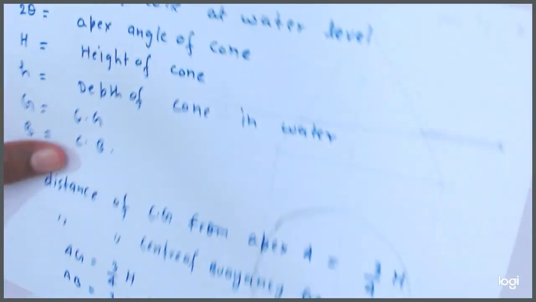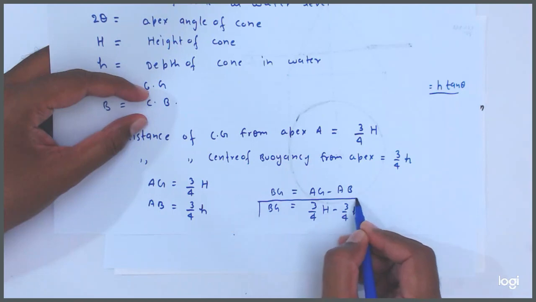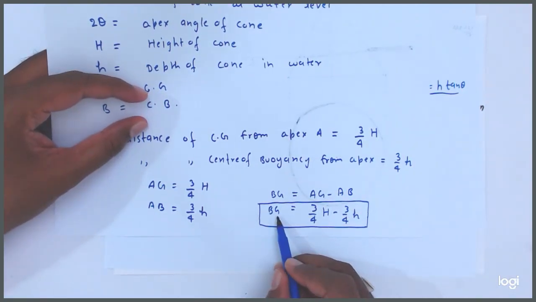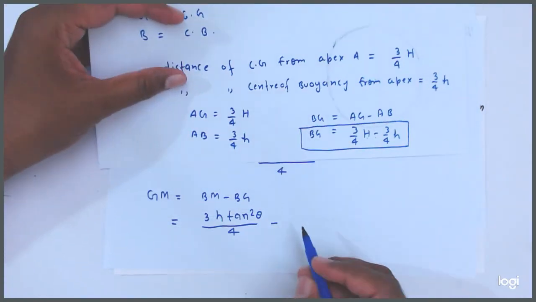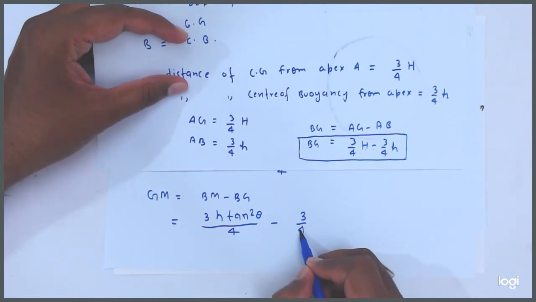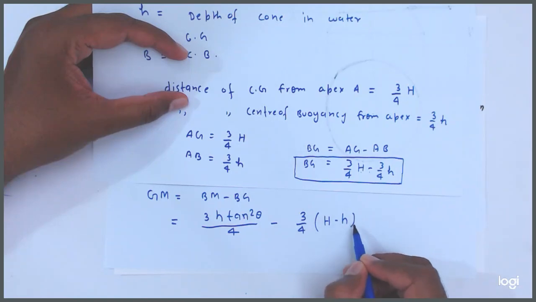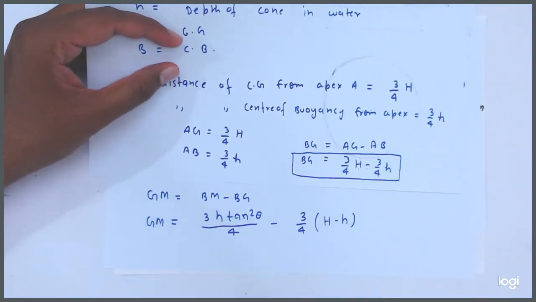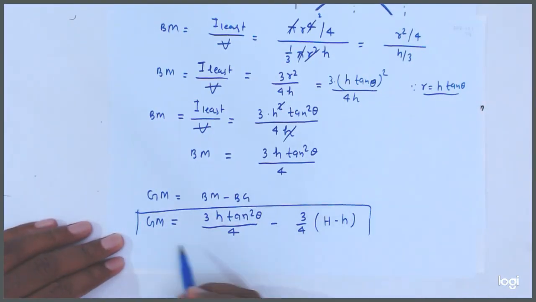BG we already calculated: BG is equal to 3/4 capital H minus 3/4 small h. 3/4 will be common, so capital H minus small h will come. This is the GM, this is the condition we have to get.